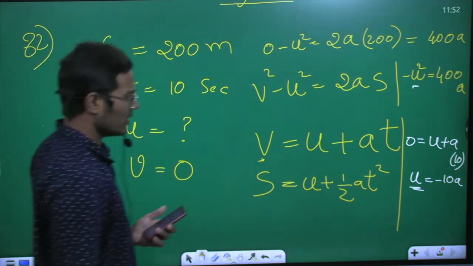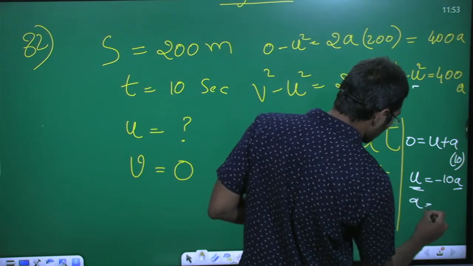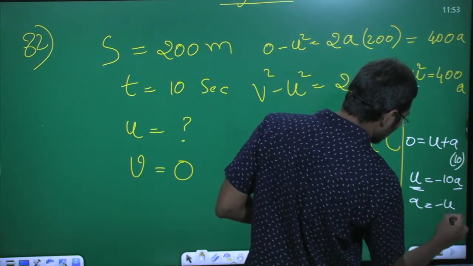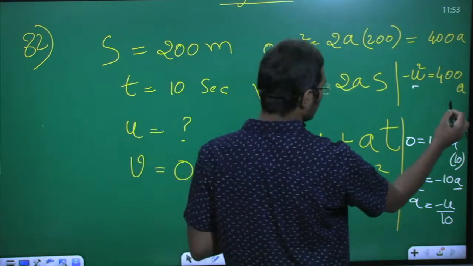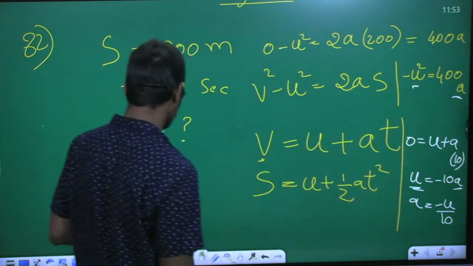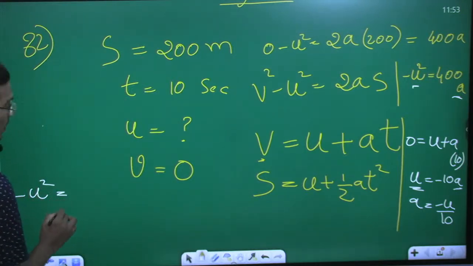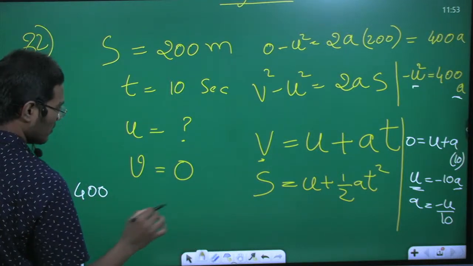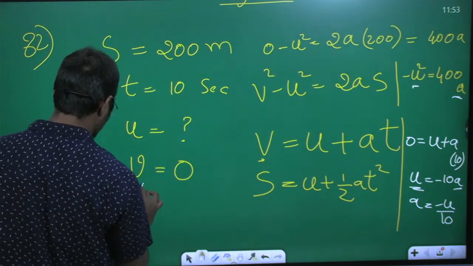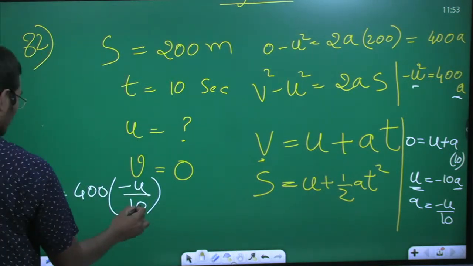See, here we can find a, right? a is equal to minus u by 10, right? So substitute a here. What is a there? Minus u by 10. So try to cancel out.